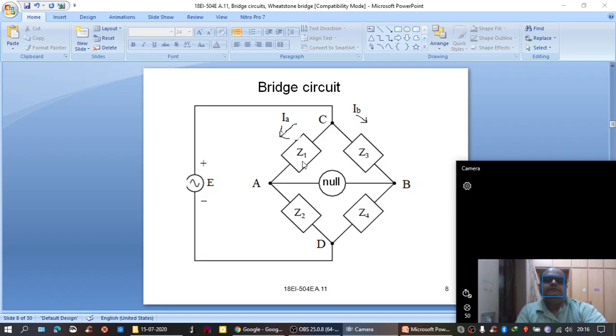And a null detector is placed across the output terminals of the bridge, that is between terminals A and B. Between terminals A and B, a null detector, or for that matter a speaker or a headphone, can be used.